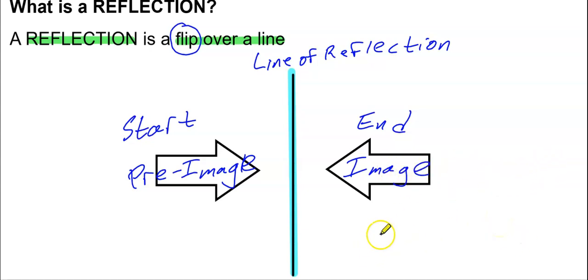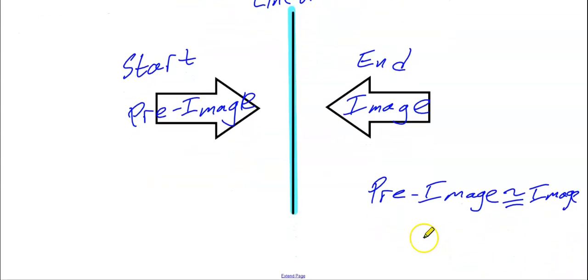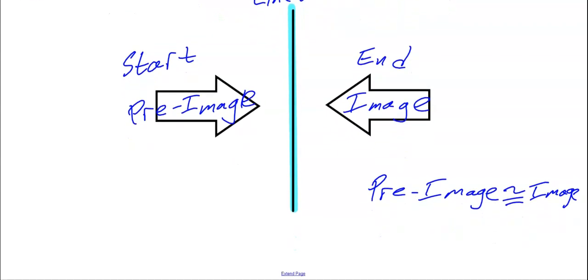As always, because this is an isometry, my pre-image will be congruent to the image, meaning all angles and all sides are congruent. All the angles and sides on the left are congruent to all the angles and sides on the right.